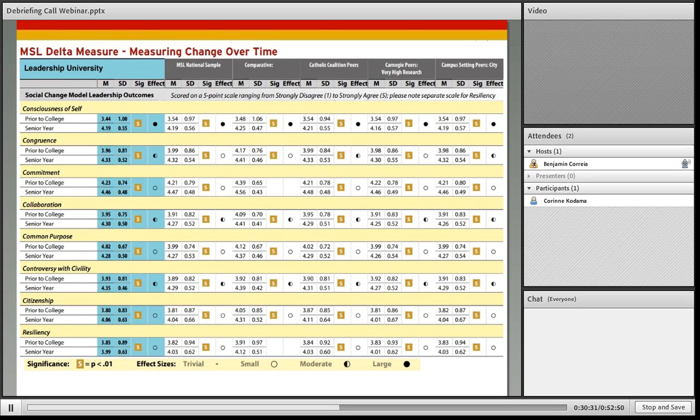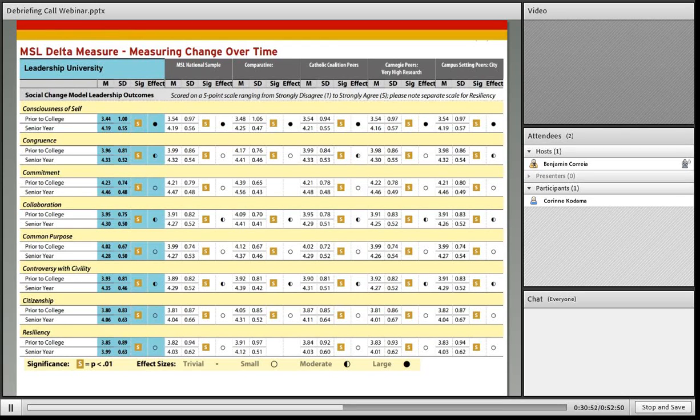If you look at the effect size, that's a large effect size. That is rare; we don't see that very often. But that means that something happening while these students are in college is really contributing to their growth in consciousness of self. And you can see for the national sample, that was actually the same thing this year.